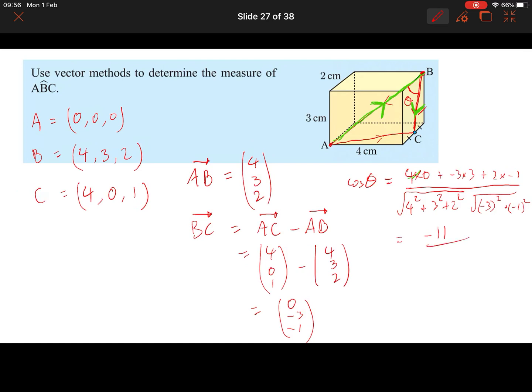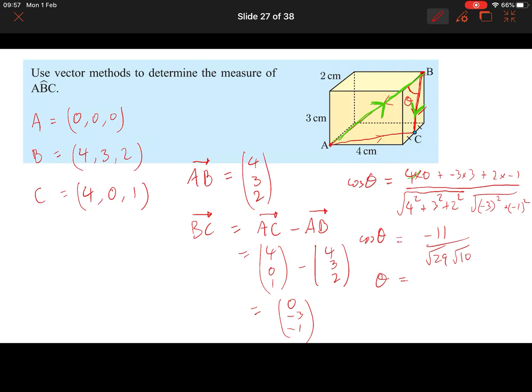So that's minus 9, minus 2, which is minus 11 in the numerator, over 16 plus 9 plus 4, which is root 29, and 9 plus 1, which is root 10. So that's cosine of my angle.